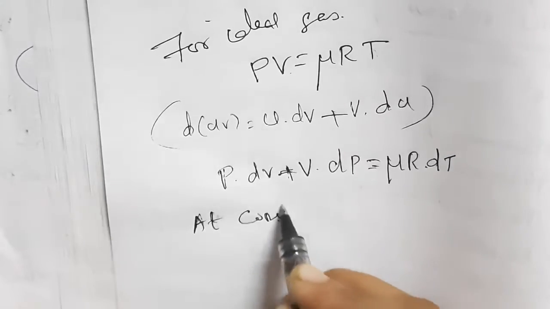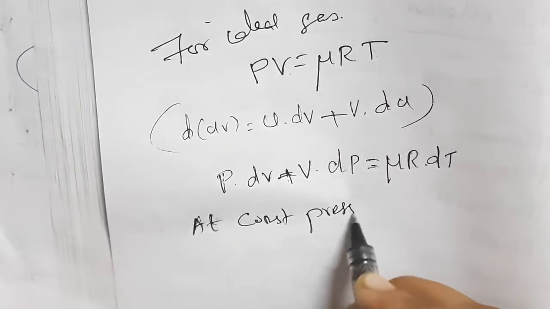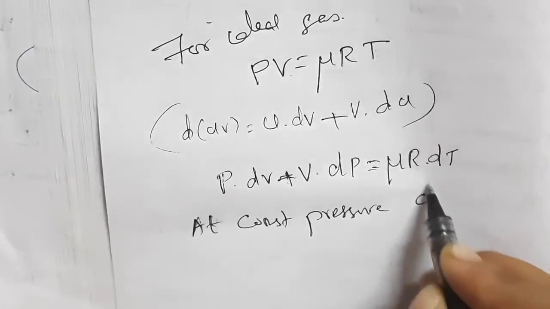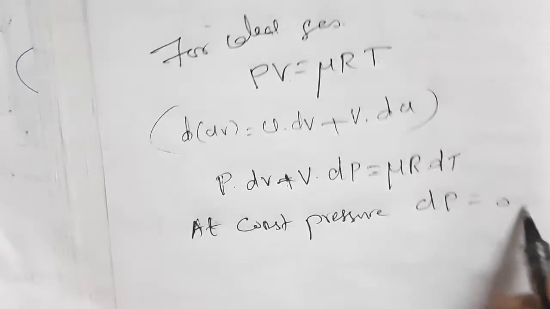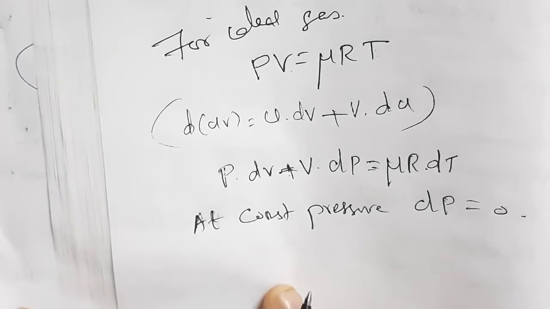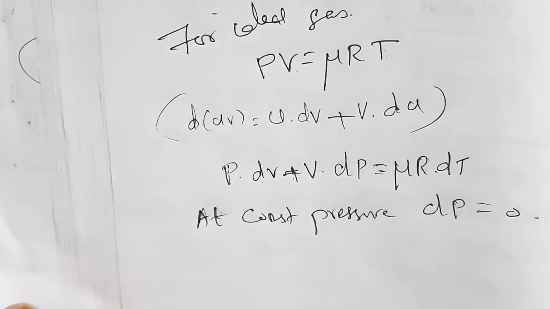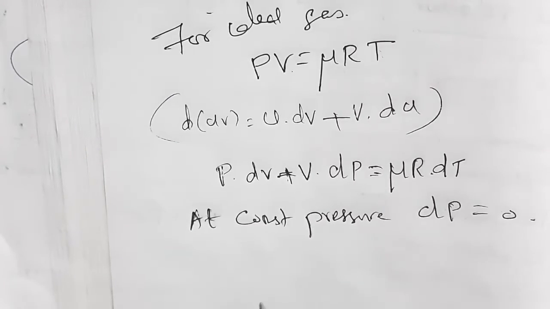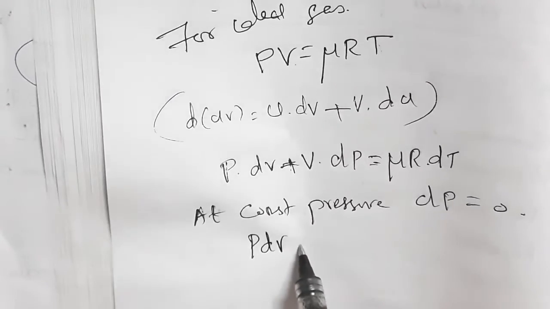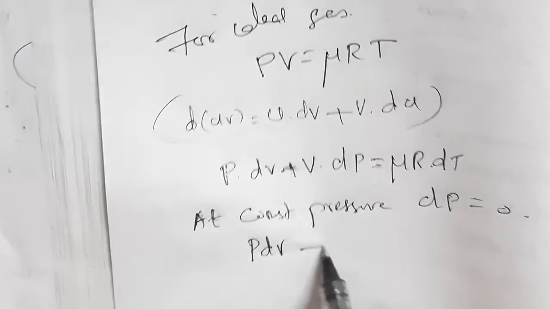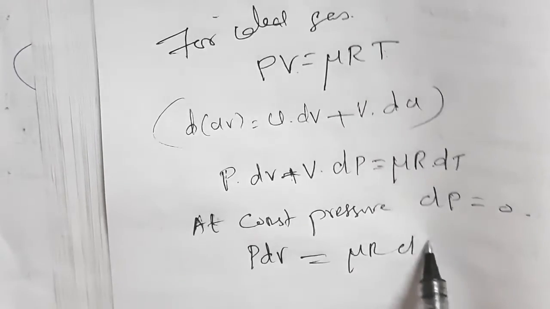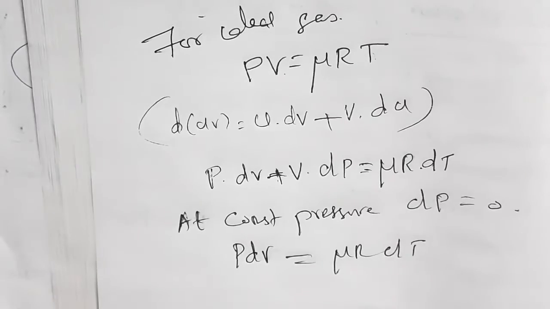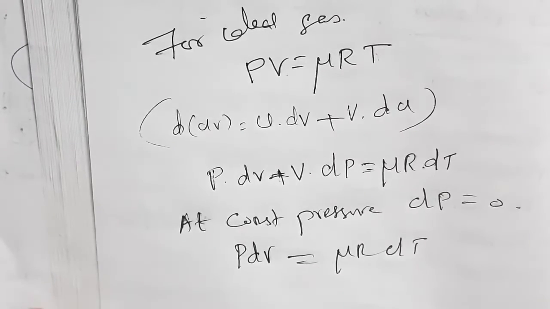At constant pressure, dP is equal to 0. So the previous equation becomes P dV plus 0 is equal to mu R dT, so P dV is equal to mu R dT.